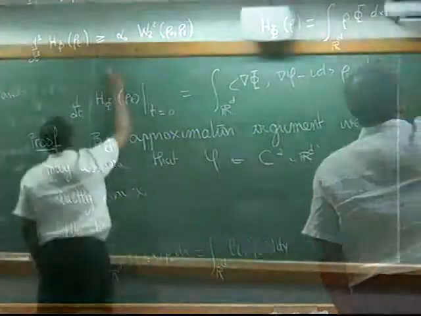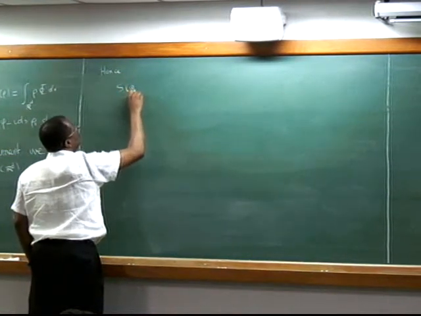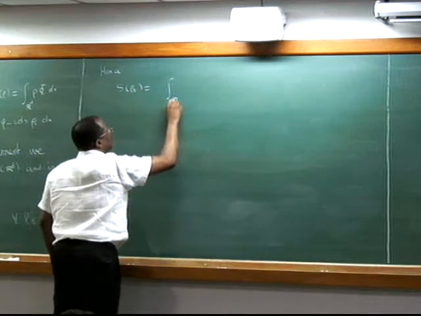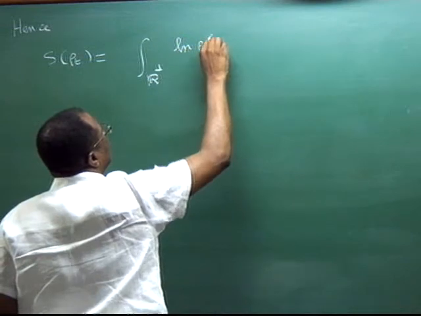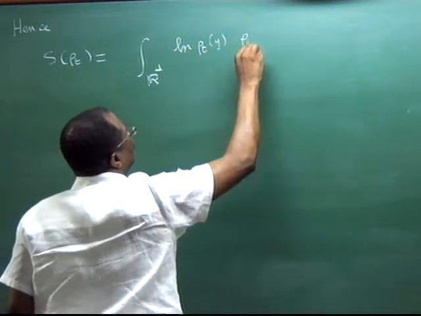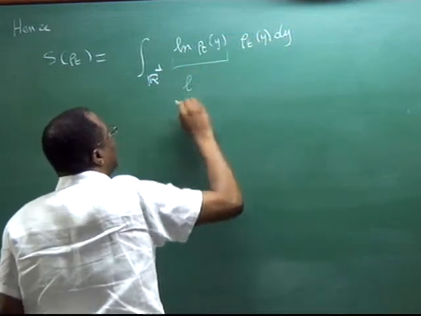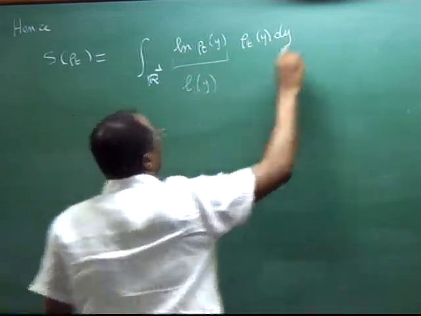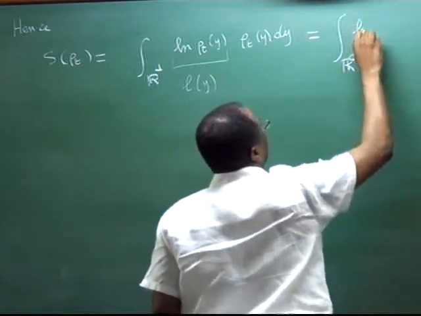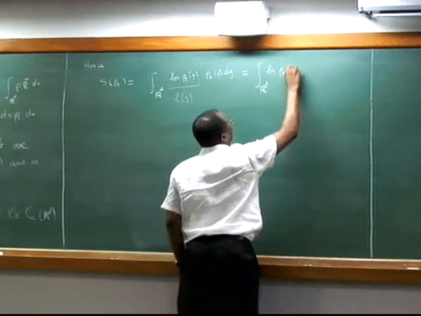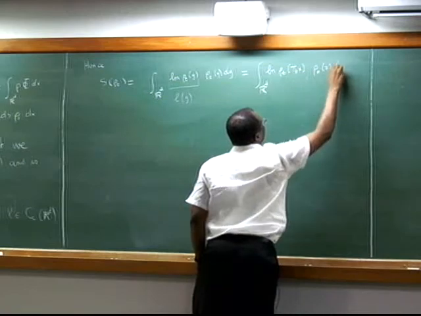So if I write S of rho t, I get the integral over Rd of log of rho t of y, rho t of y dy. Call this L of y. Then you see that this is the integral over Rd of log of rho t of T_t of x, rho naught of x dx.